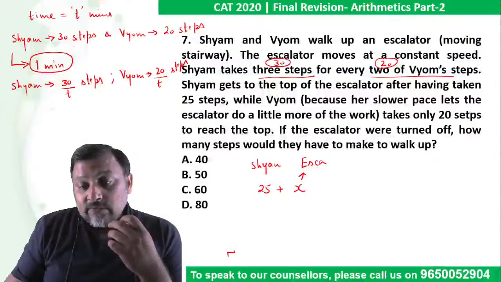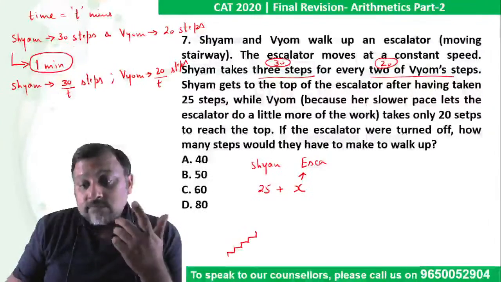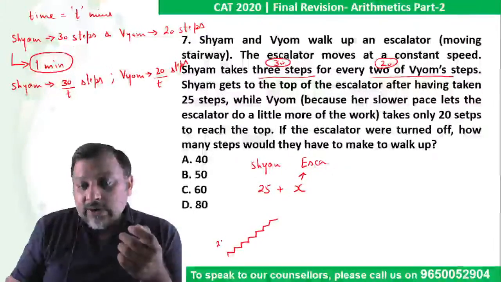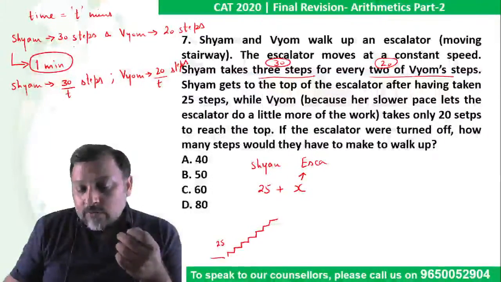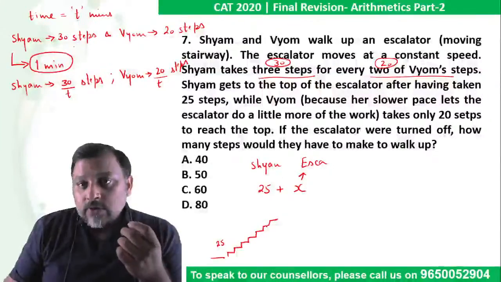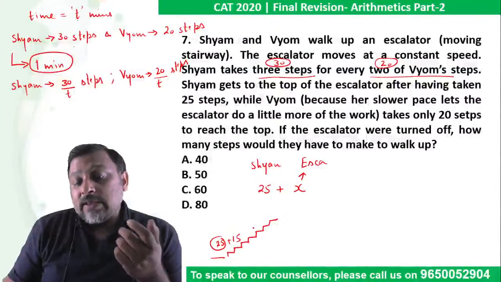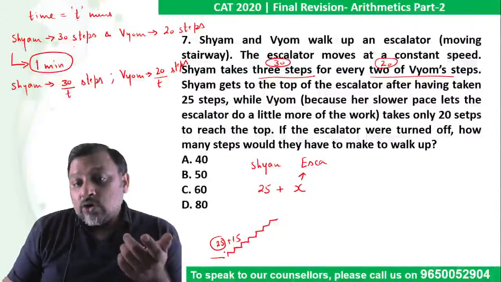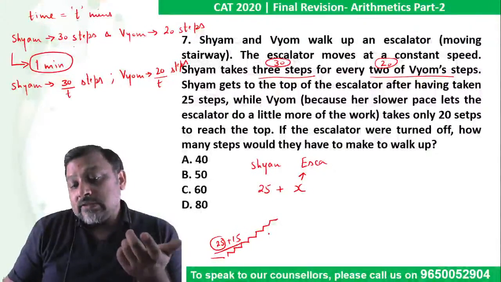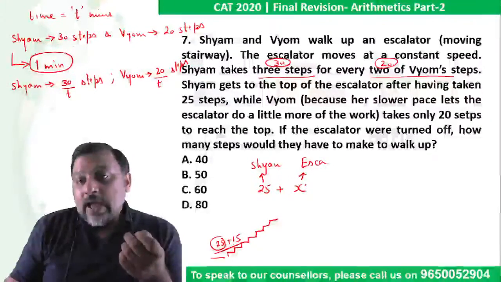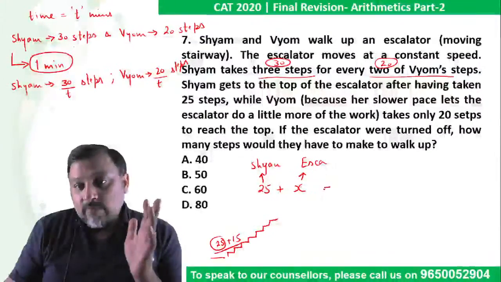See, if there are, let's say, 40 steps in all, and Sham is taking 20 steps and reaching from bottom to top, can we say the rest of the 15 steps are being covered by escalator? So the total distance is 40. We are assuming Sham is taking 25 steps and escalator is taking X steps.